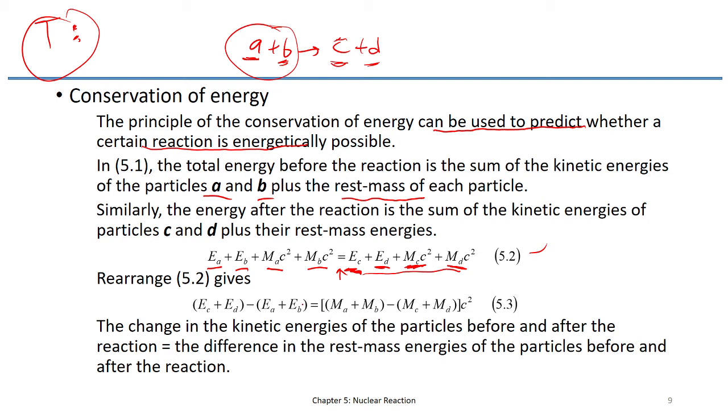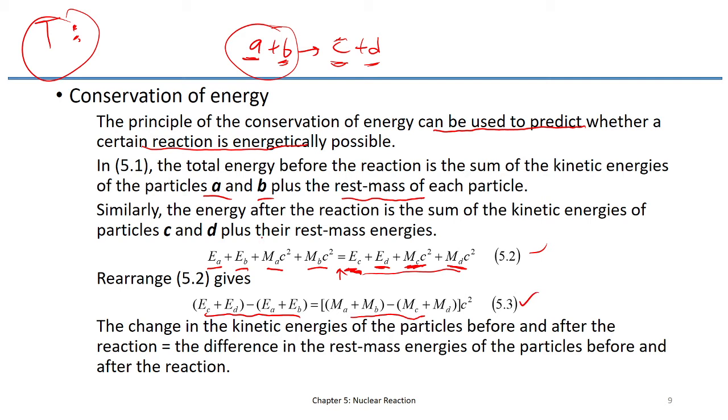Okay, so if you group the kinetic energy to the left hand side, the rest mass energy to the right hand side, that's what you get as shown in equation 5.3.